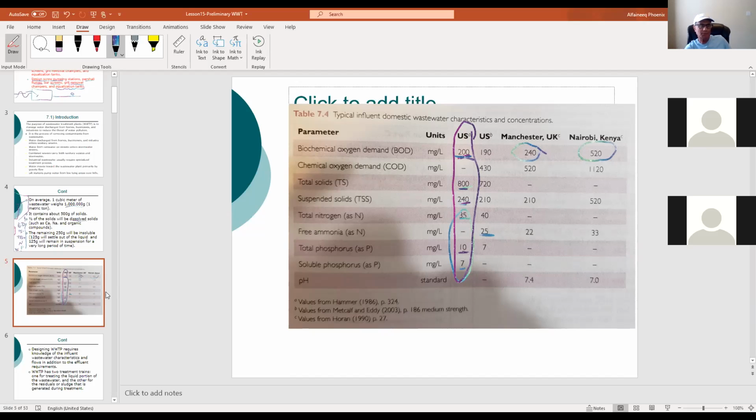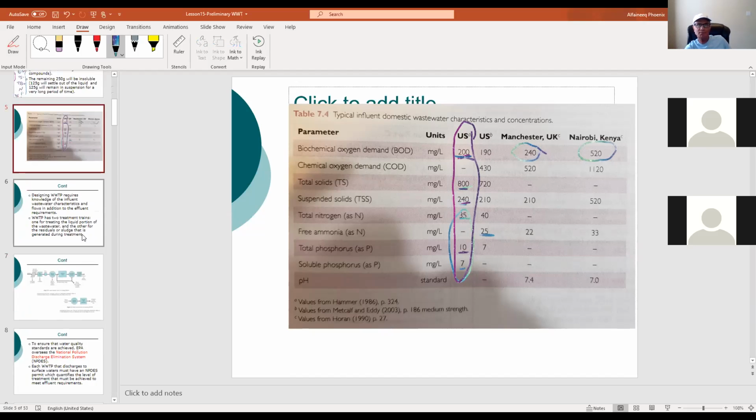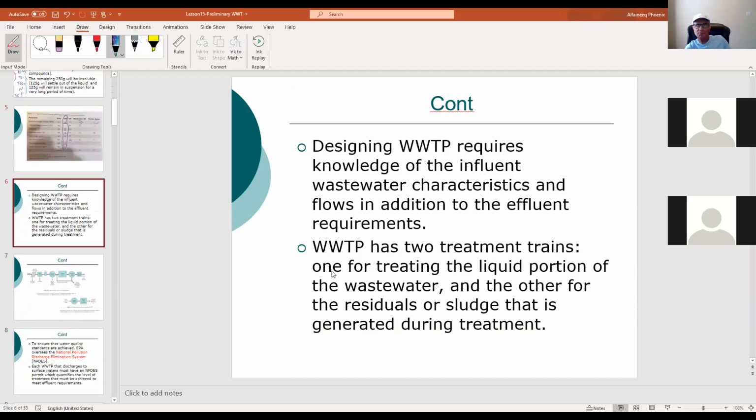Okay, guys. Based on this, you're going to design your wastewater plant. It's the influent, how strong it is. The flow rate, how much of it comes to your wastewater plant.